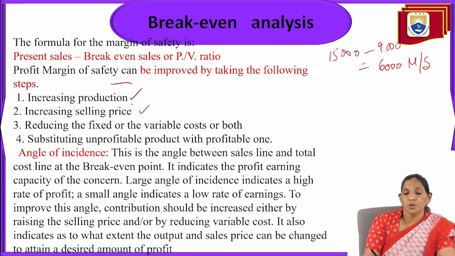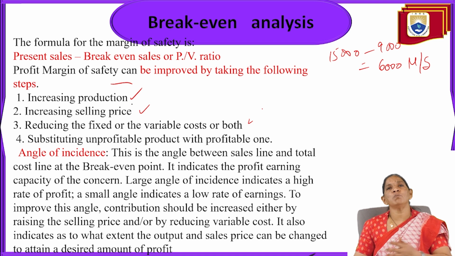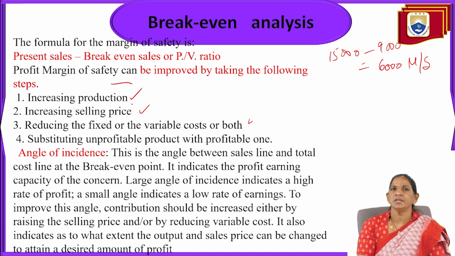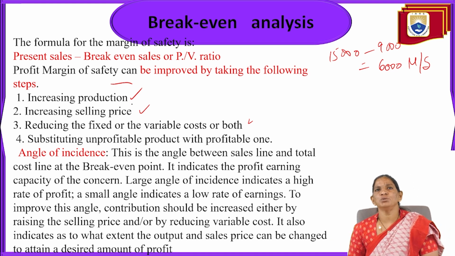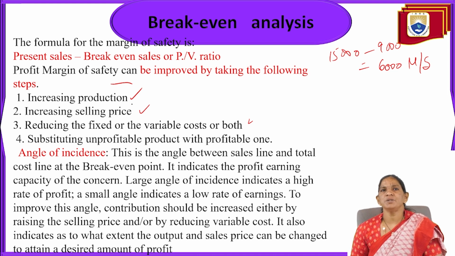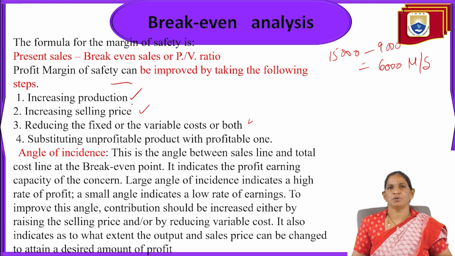Another one is where we can reduce the cost, maybe variable or fixed, both or any one cost. When you go on reducing, the total cost will decrease and automatically we are able to get more margin of safety. Another step is substituting the unprofitable products with profitable ones.